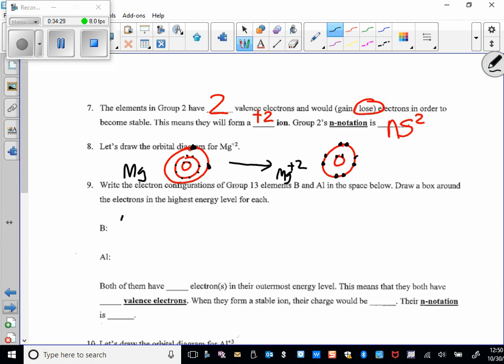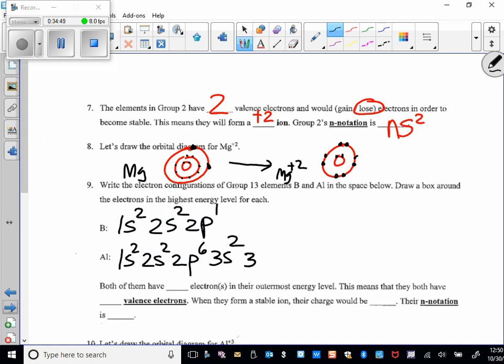So now let's do boron. What is the electron configuration for boron? 1s2, 2s2, 2p1. If you look at aluminum, it's 1s2, 2s2, 2p6, 3s2, 3p1.